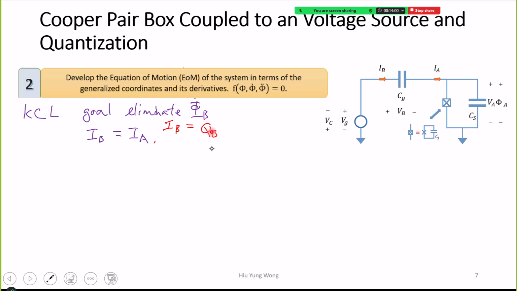So IB is QB dot, because anything passed through this point will all accumulate at CG. Make sense? So dQB/dt is the current. Any questions? Yeah, that's my writing. The dot is here. The red dot is here.